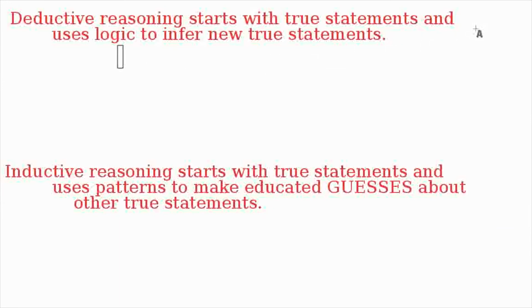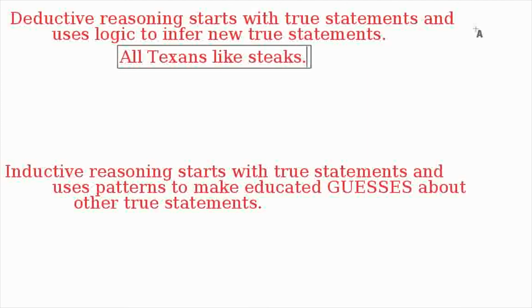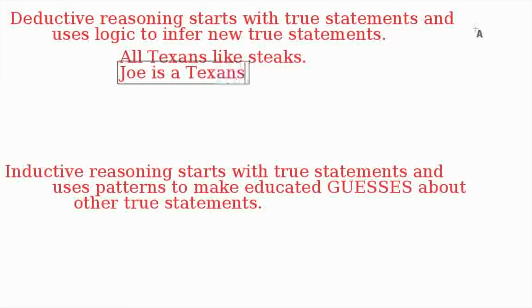All Texans like steaks. Joe is a Texan. So there are two statements that are true: all Texans like steaks, and Joe is a Texan.